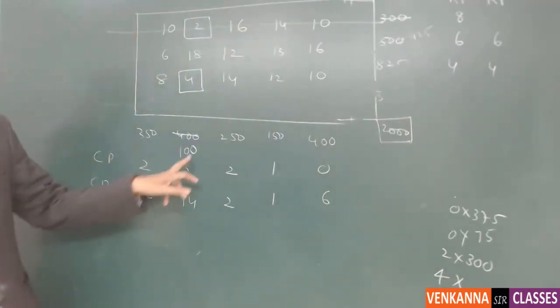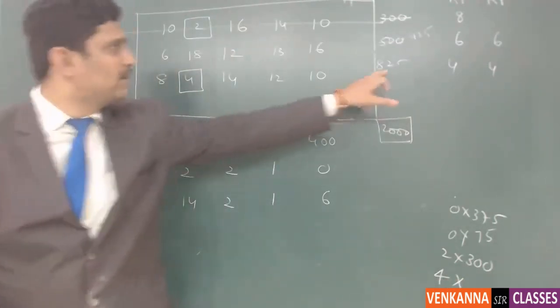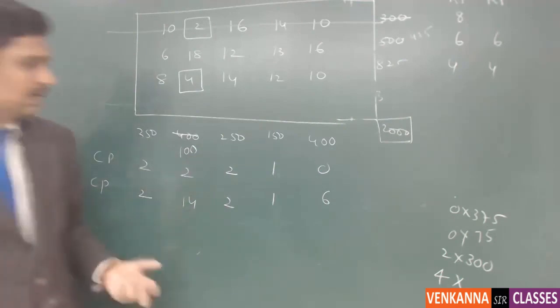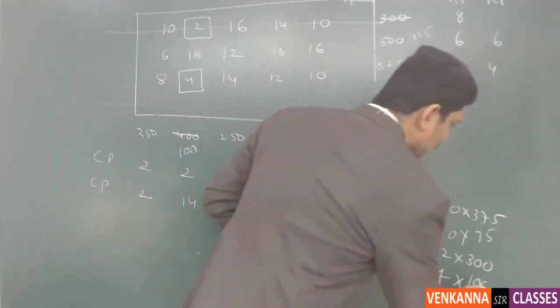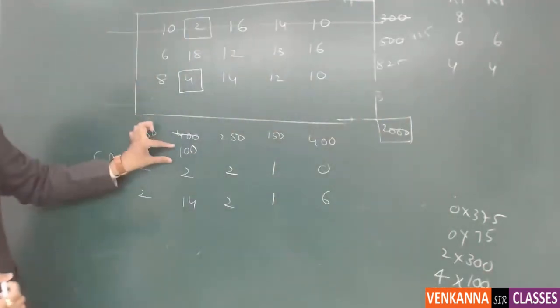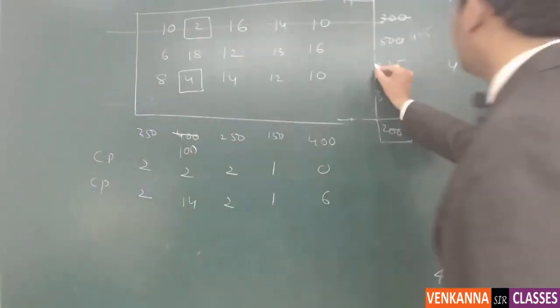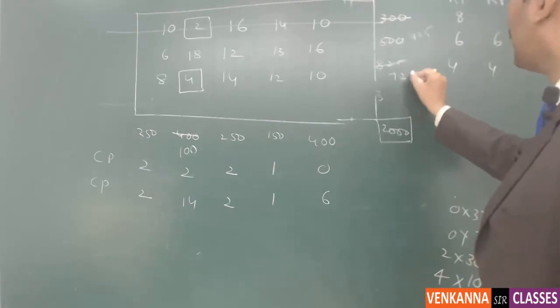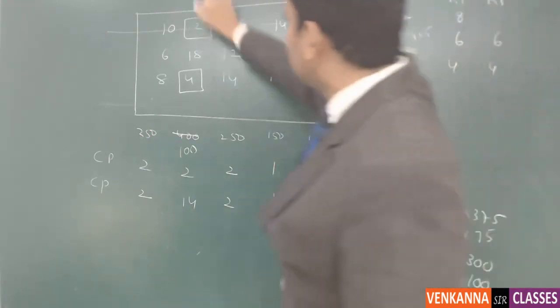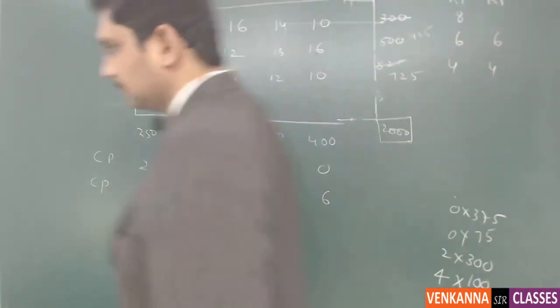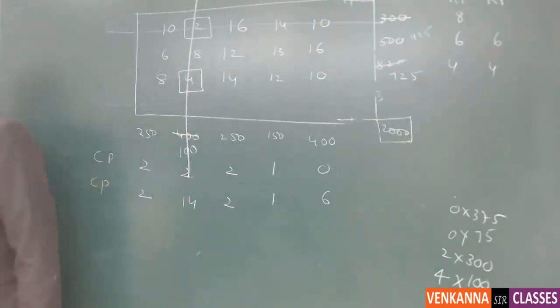If we compare the supply and demand constraints, the smallest is 100. So 4 into 100. This 100 comes here, and we subtract the same value here. It will become 725, and the column gets cancelled. Please check on that. Accepted by all.